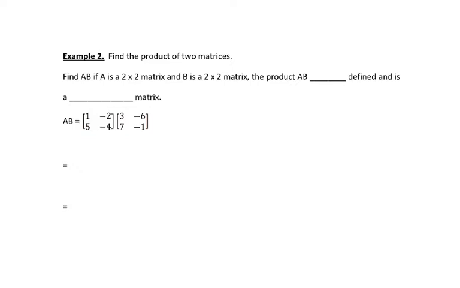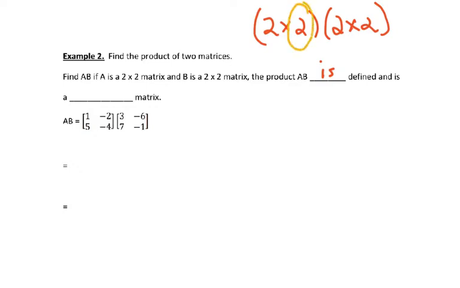The product of AB is defined because, again, let me remind you, we've got a 2 by 2 times a 2 by 2, meaning that the column in the first matrix matches the row in the second matrix, and therefore when that happens, we said that you simply can take these two numbers that'll give you your result, which is going to be the result of a 2 by 2 matrix. All right, so we can see the matrix here.